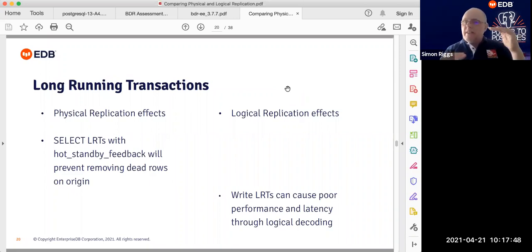So they're completely different behaviors, but what I'm saying is that both physical and logical suffer from some impact of long-running transactions. And as I mentioned earlier, long write transactions can give poor performance and latency when using logical decoding or logical replication. Now, there are some solutions to that, but that's the main issue to be solved, okay?